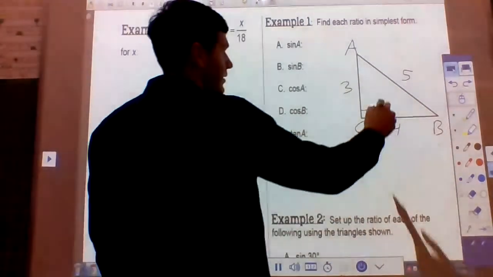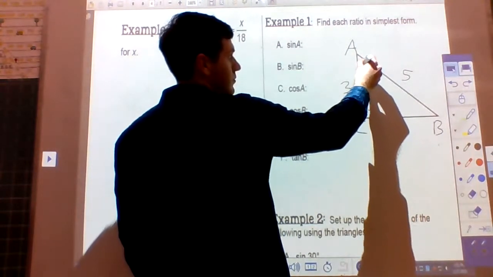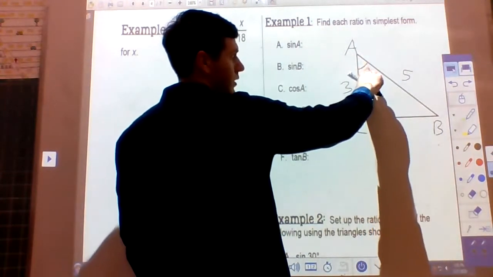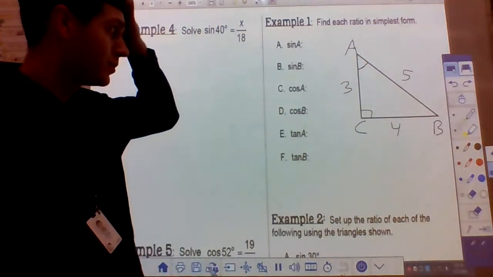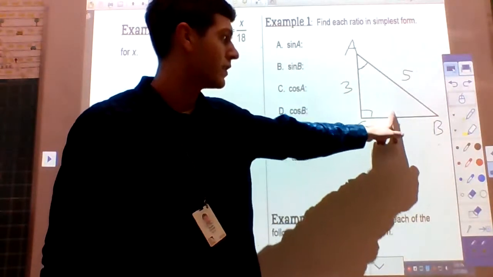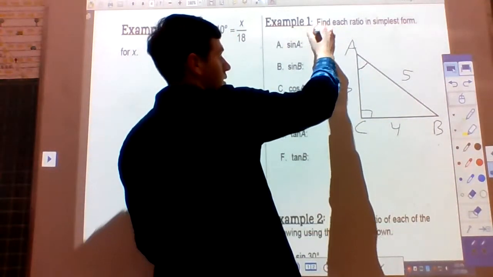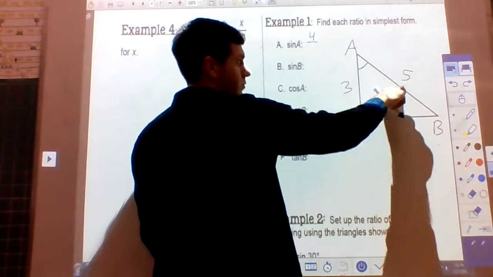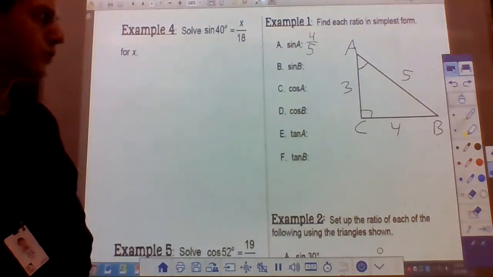Here's angle A, and we want the ratio. So we want the opposite side, the side across from angle A, which is CB, which is 4. And the hypotenuse is across from the right angle, so our hypotenuse is 5. So we have 4 over 5.